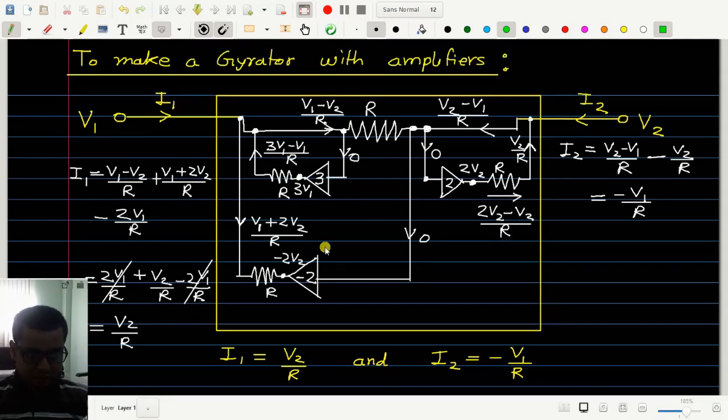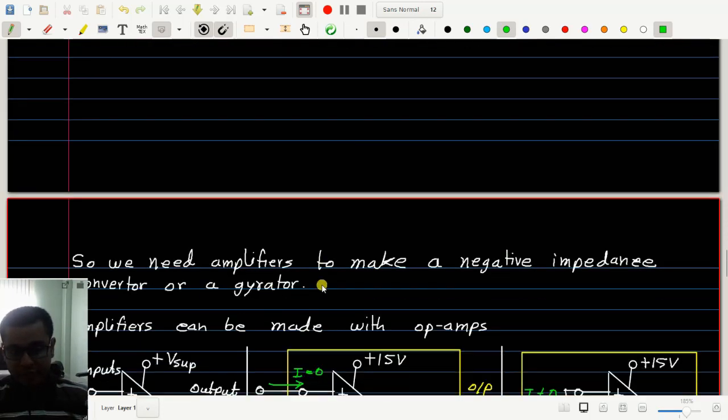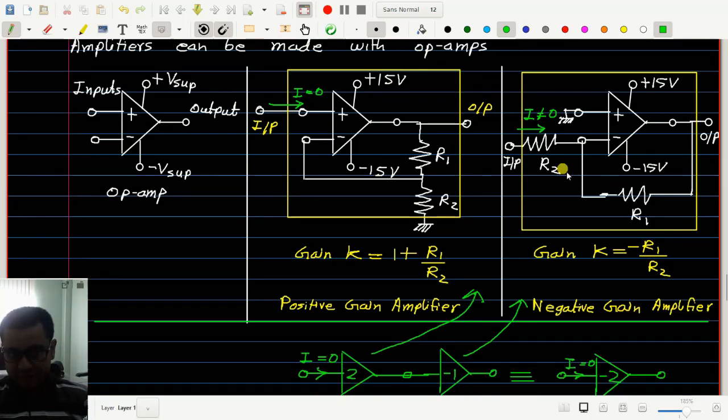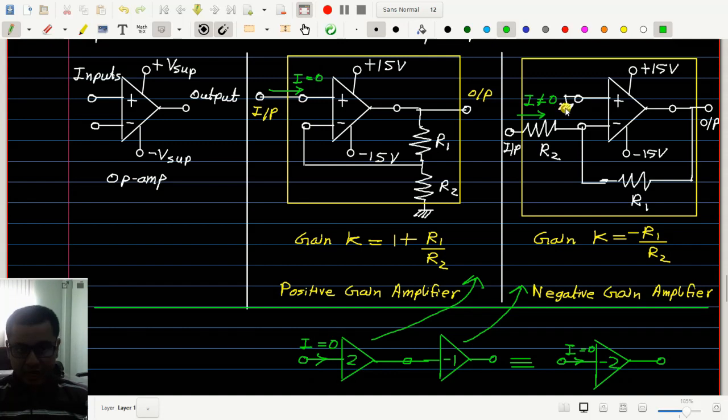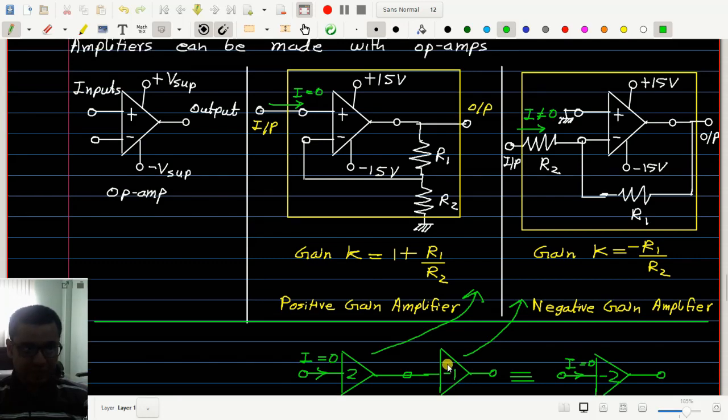Also, when you make this circuit, remember that this amplifier with gain -2 should not be made with this particular structure alone, because then it can draw current from the input. Rather, you can take a cascaded combination of this positive gain amplifier and this negative gain amplifier, like this, with gain equal to +2 and -1 respectively.